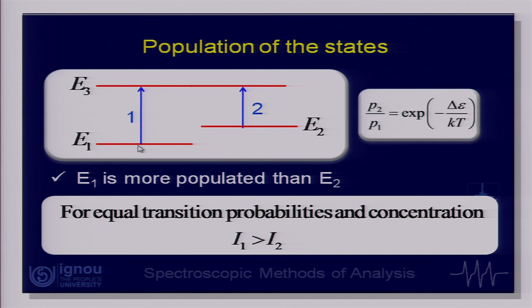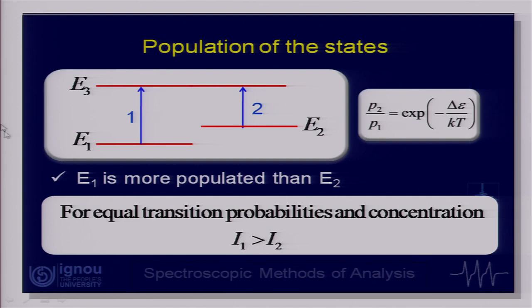that means in a distribution, suppose I have 1 million molecules, out of 1 million molecules maybe about 0.3 million are in E1, say 0.27 million are in E2. So, E1 has more population of molecules. So, when the photons or the radiation come, the probability of them getting excited is more.